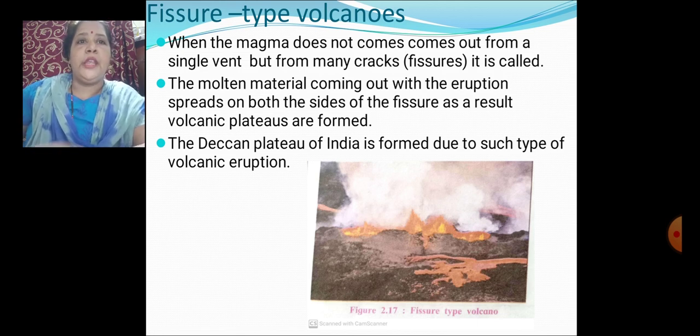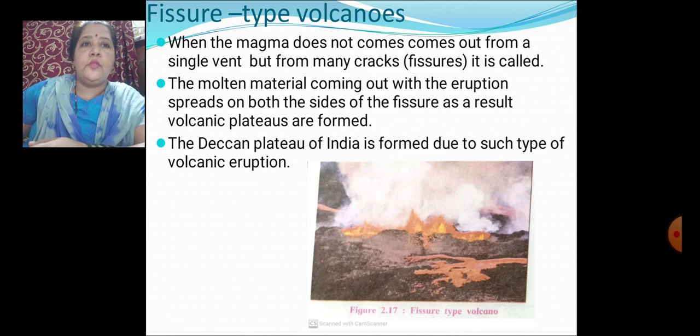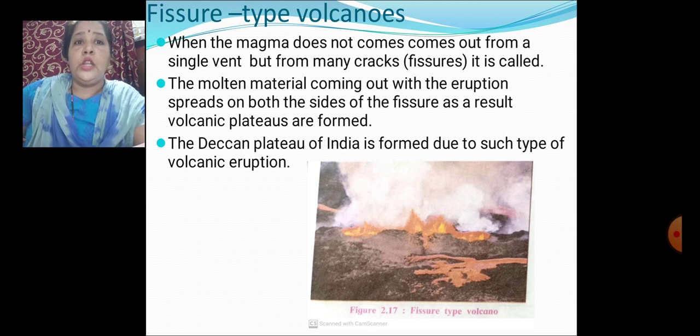The lava gets collected around the sides of the fissure, and the molten material spreads on both sides of the fissure. As a result, volcanic plateaus are formed there.